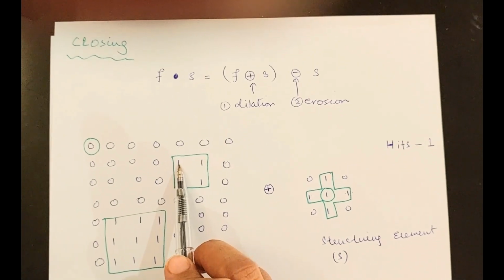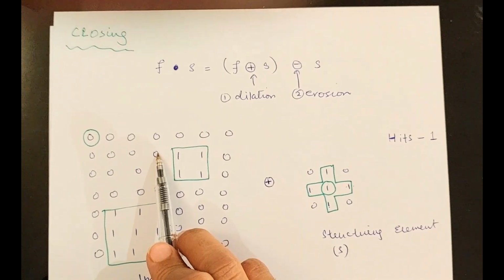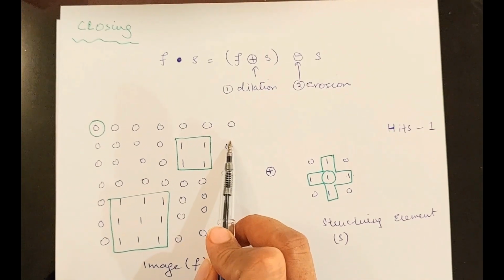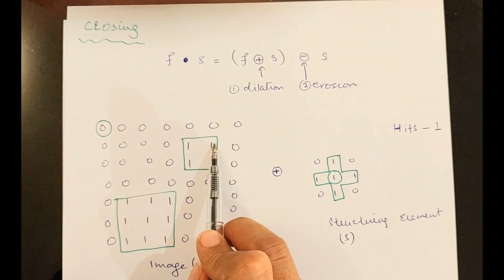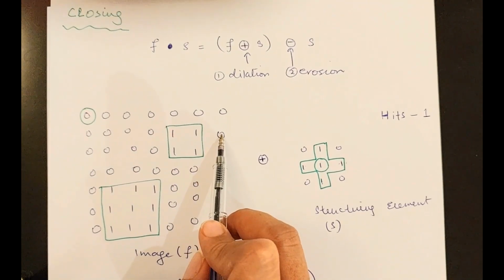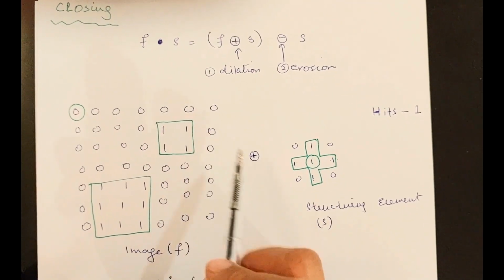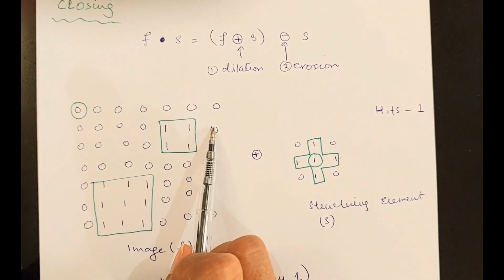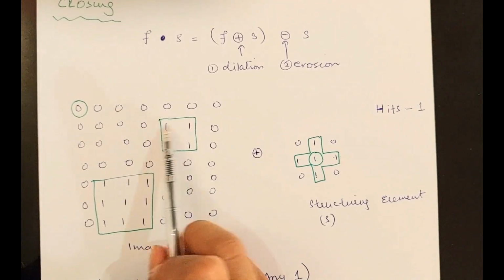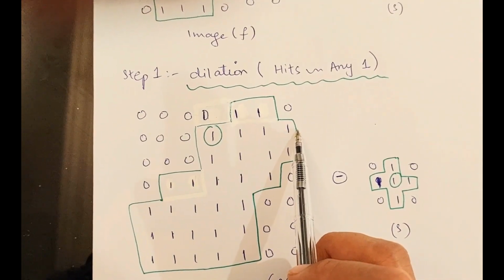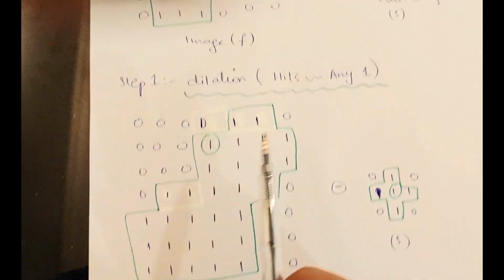Because of this one, this 0 will convert into 1. There is no need of placing it here because these are already 1. When we place the central pixel here, you have a 1 on this side, so this 0 will also convert into 1. So this 0 and this 0 are going to convert into ones. Okay, we are done with row number 2.